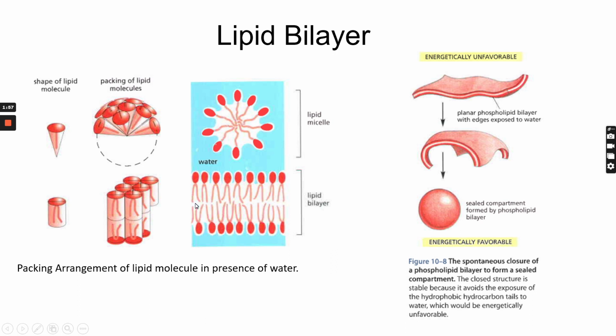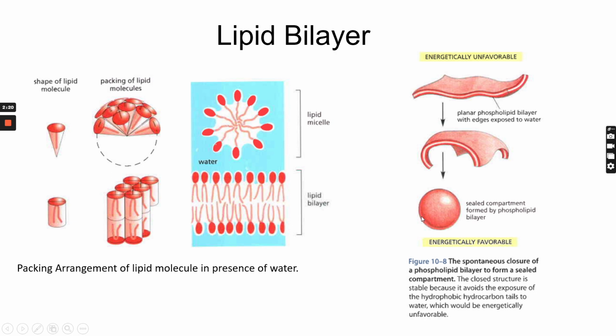The hydrophobic tails come together and the hydrophilic heads are in the presence of the water, and they form a sheet like this. But this planar structure is energetically unfavorable, so they seal the compartment to form a phospholipid bilayer.